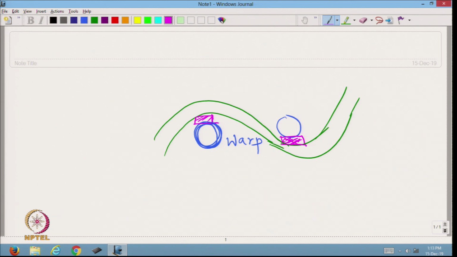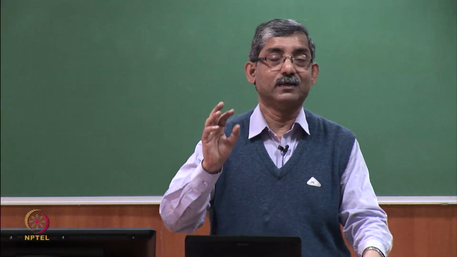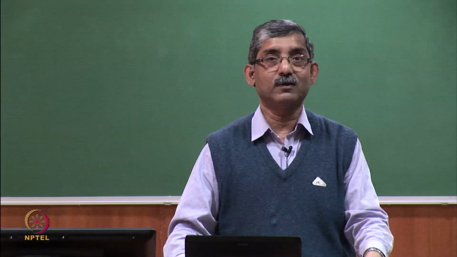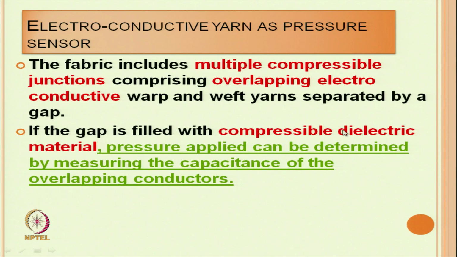So, the capacitance value will change, and if we can record that capacitance value, that will give us the inbuilt continuous measurement of the compression pressure. So, if the gap is filled with compressible dielectric material, pressure applied can be determined by measuring the capacitance of the overlapping conductors.